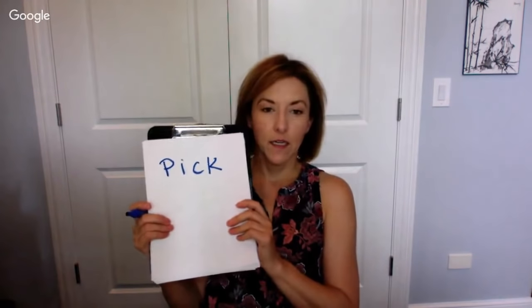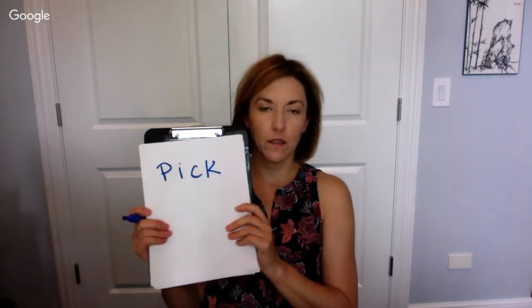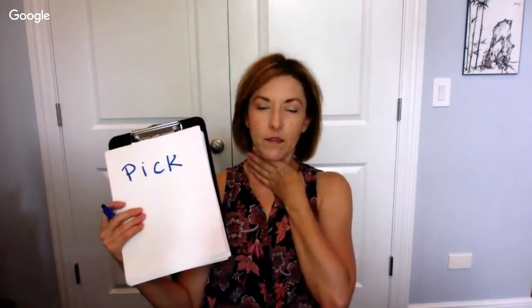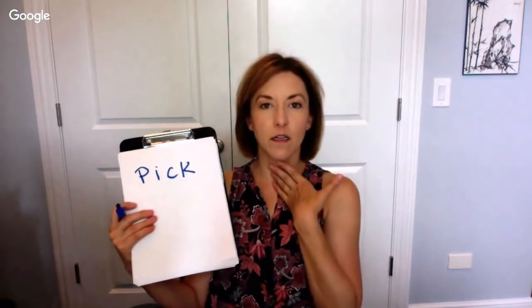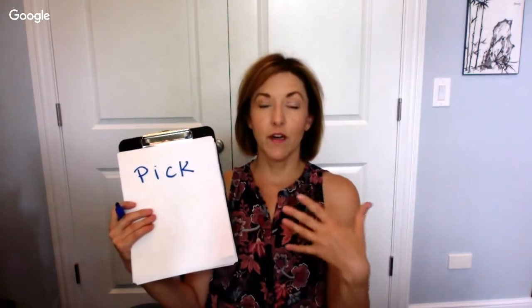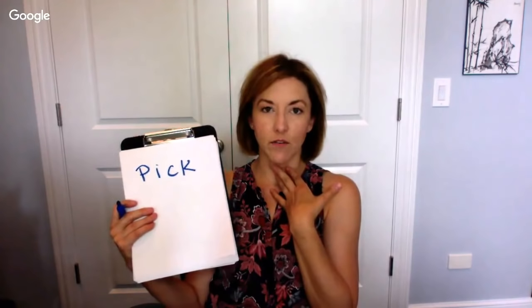Pick. What sound do you hear at the end of that word? Pick. The last sound, okay? Because we have two letters, that's why it's kind of a tricky one. So pick. You hear a k sound. Is that voiced or voiceless?